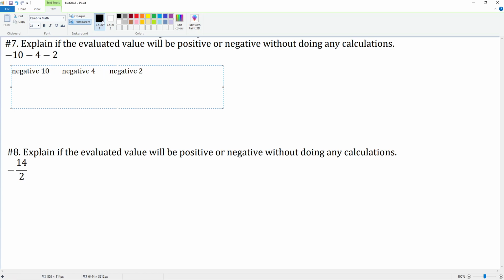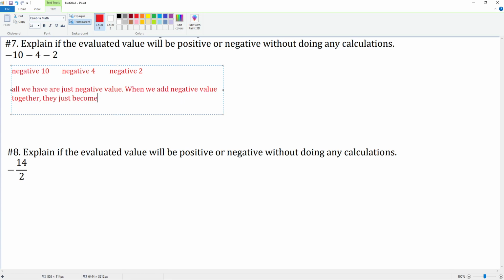All we have are just negative values. When we add negative values together, they just become a larger negative.